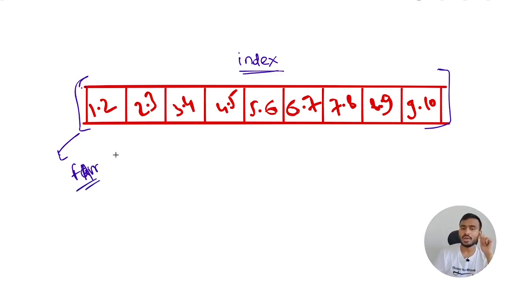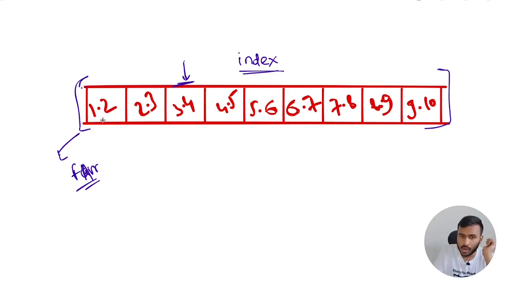Now if all these 9 elements are sharing one single common name, then the question arises: how can we access an individual element of an array? Because this entire array has the name FARR. Let's say I want to access this particular element. How can I do that? For that we have something called indexes. Each and every element of an array will have a unique index, and the index starts from 0 in C++.